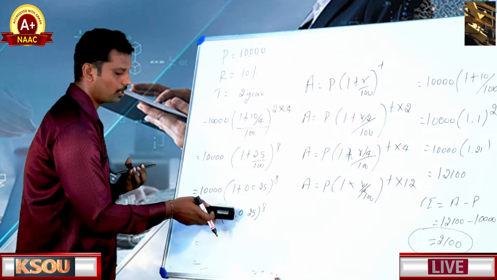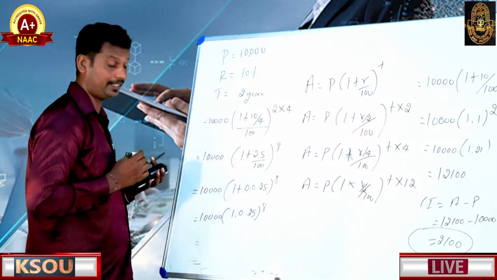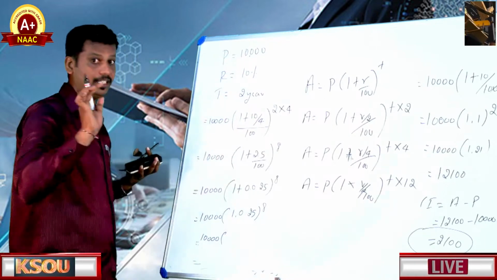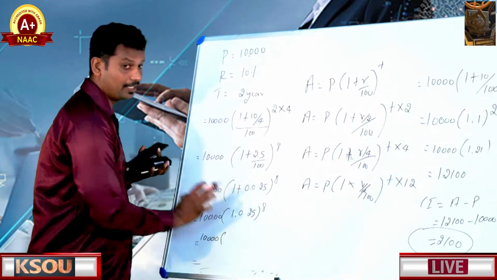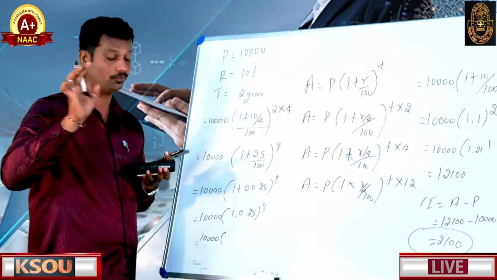The value will be 1.025. What is the power? 8. Now you should multiply 8 times. Be careful when you take the numbers. You should take 8 times, not 4 times. Previously you took 4 times.